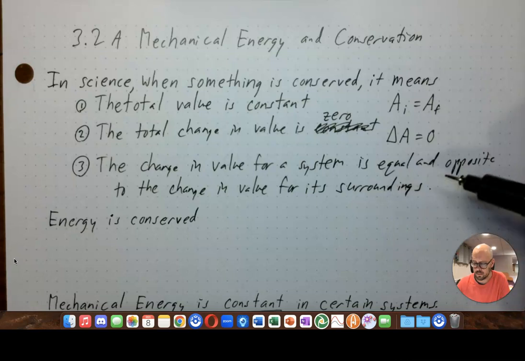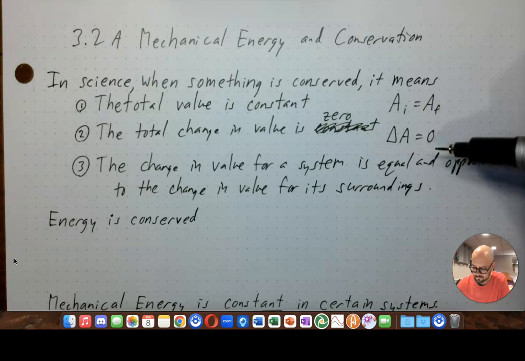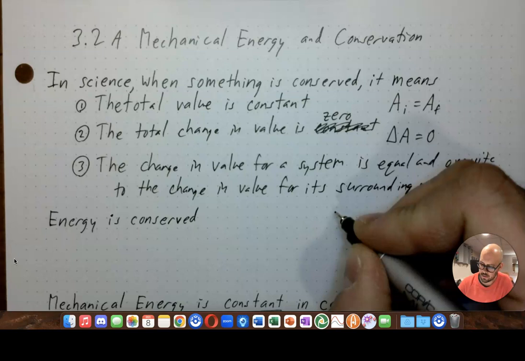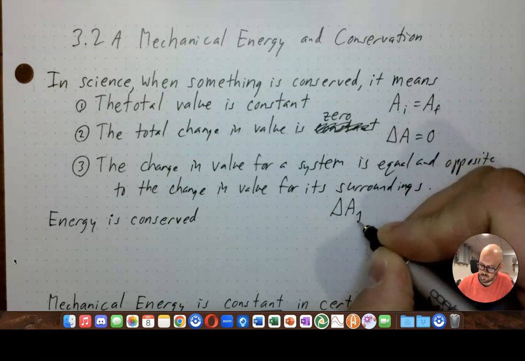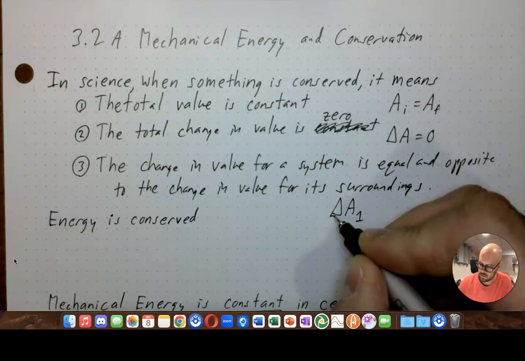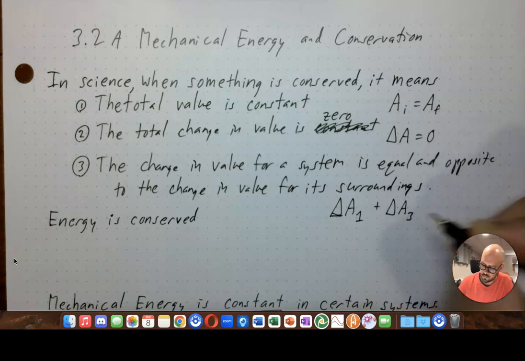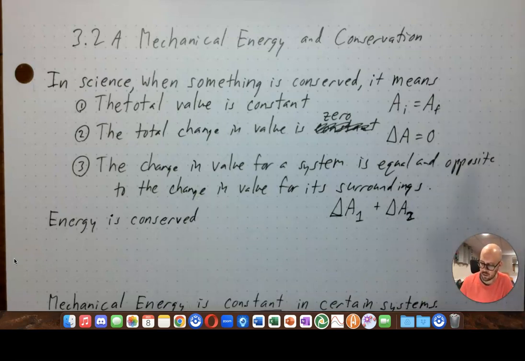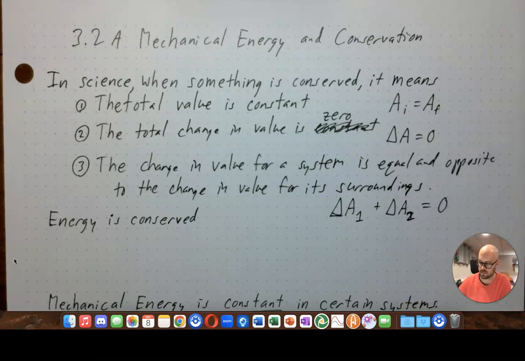Now, what this means is if we expand this delta A, the change in value for a system and its surroundings. So let's see, if we say delta A for system 1 is our first symbol, if I add that to delta A for system 2, if those are the only 2 systems that are interacting, then they would have equal and opposite changes in value, which would bring us to a total change of 0.